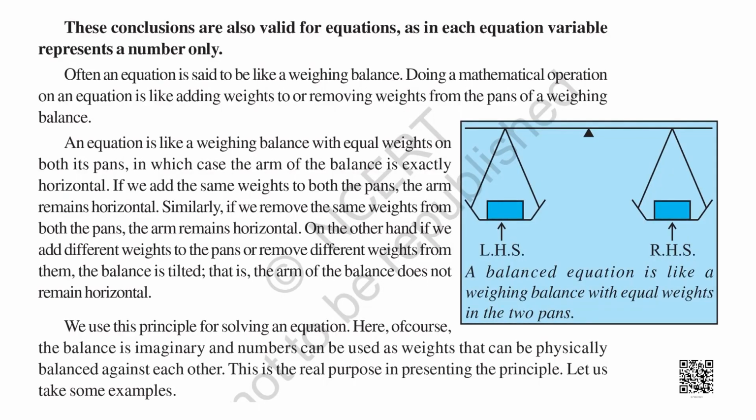These conclusions are also valid for equations, as in each equation the variable represents a number only. Often an equation is said to be like a weighing balance. Doing a mathematical operation on an equation is like adding weights or removing weights from the pans of the weighing balance.